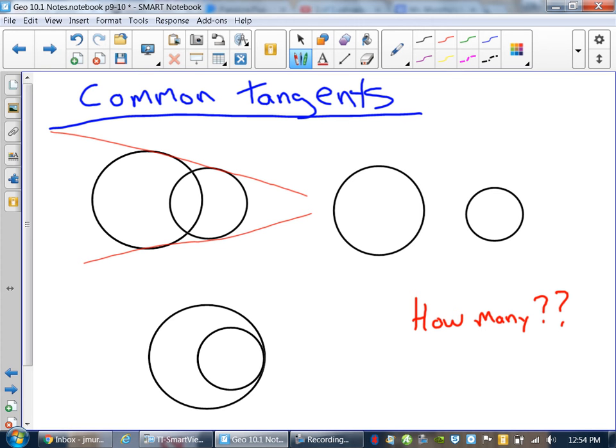Those tangent segments are always on the outside of the circles. They never go through the circle. The minute they go through a circle, they become secants. We don't want that. When the circles are apart from one another, you still get those two on the outside.